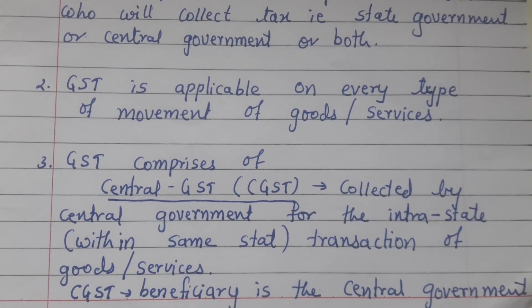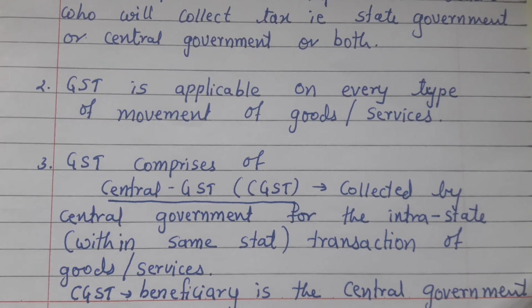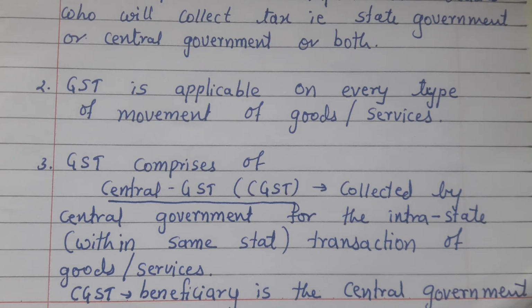GST comprises first Central GST, that is CGST, collected by the central government for intra-state, within the same state, transactions of goods or services. CGST beneficiary is the central government.